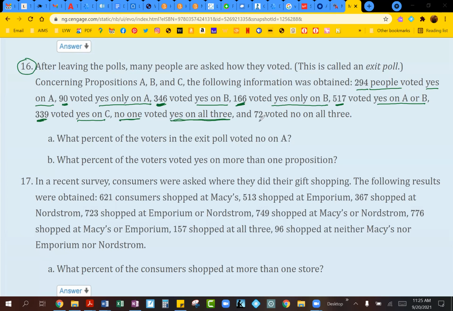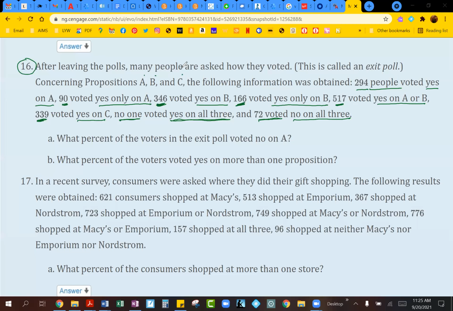And 72 voted no on all 3. Since we are talking about propositions A, B, and C, this is definitely going to be an example of 3 overlapping circles.